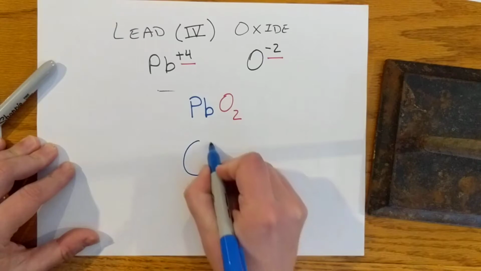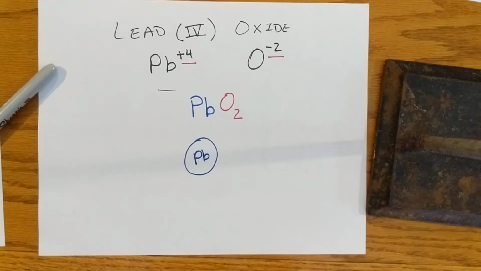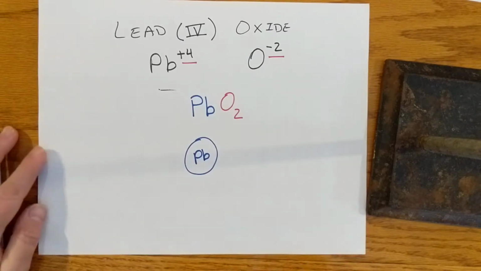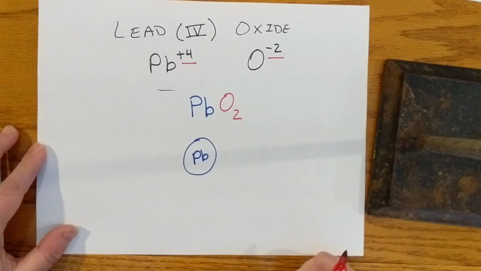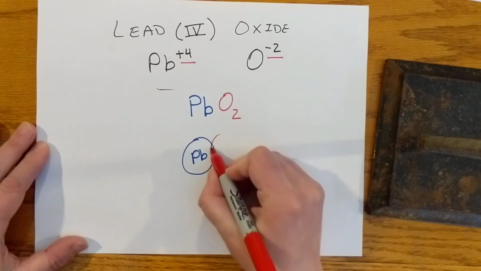So for this particle diagram, I'm going to do a circle with a Pb inside to represent that lead. Now, that Pb doesn't have any subscripts, which means there's just one lead atom in this molecule. So I'm just drawing a single Pb.